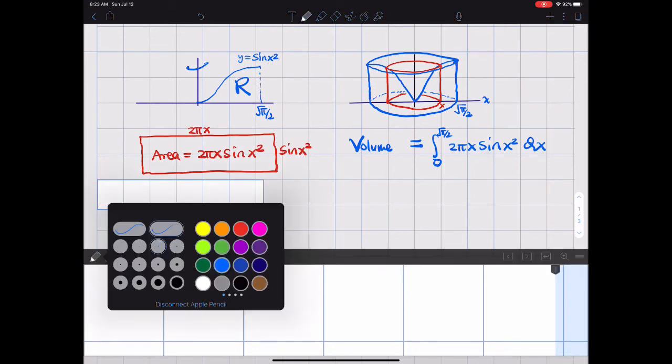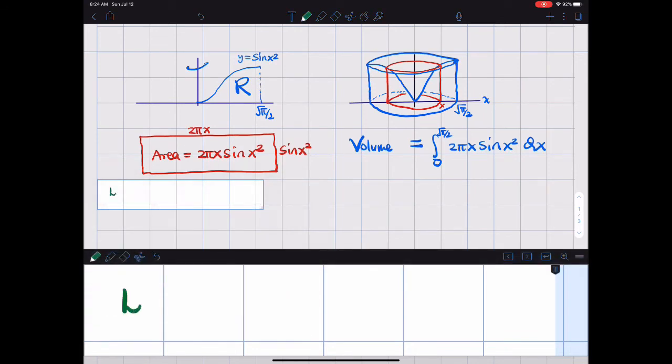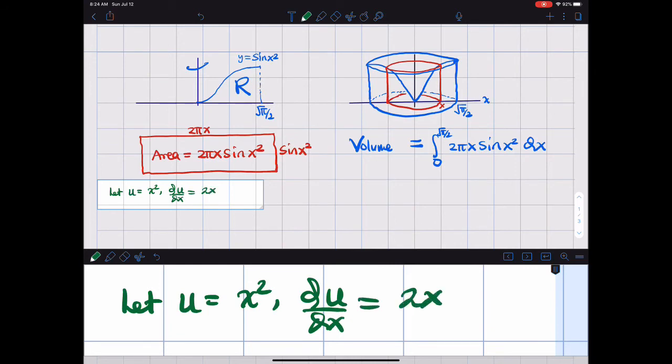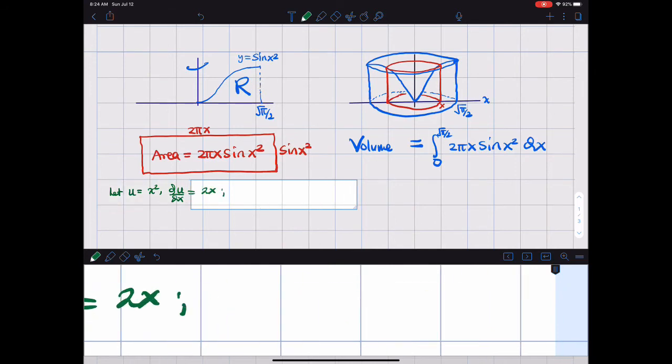This is quite an easy integral to do. If you use substitution, if you let u be equal to x squared, so that du dx is equal to 2x, so that dx is equal to du over 2x.